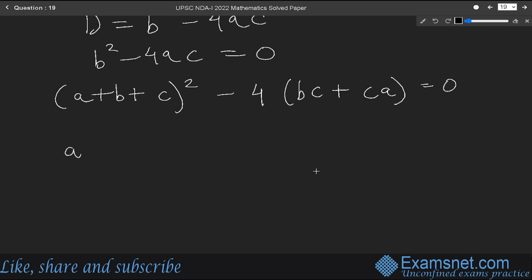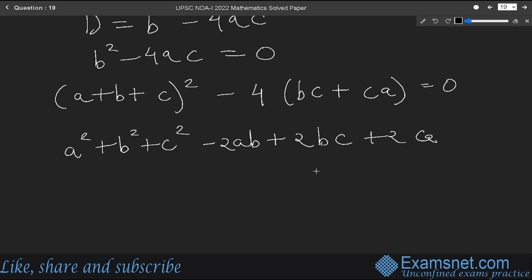Further solving it, we get a square plus b square plus c square plus 2ab plus 2bc plus 2ca. Here there will be also plus. Minus 4bc minus 4ca.